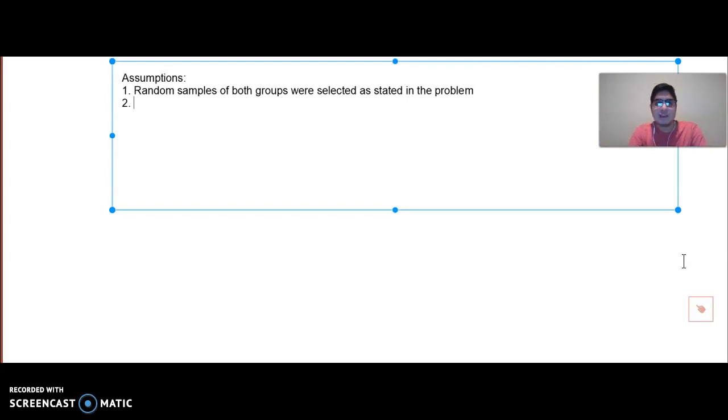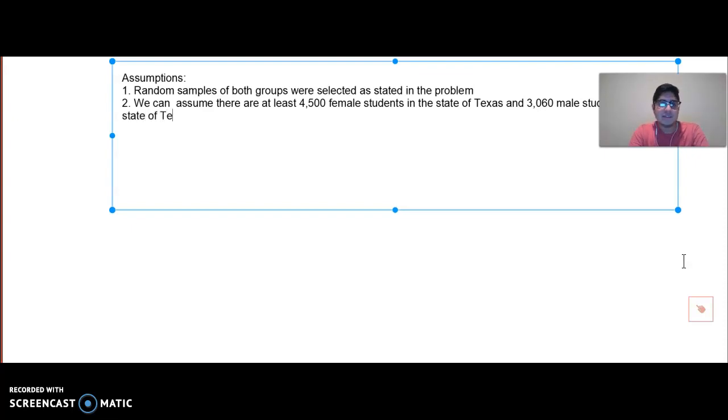So we are going to say we can assume there are at least 4,500 female students in the state of Texas and at least 3,060 male students in the state of Texas. Or you can say we can assume there are at least 4,500 females and 3,060 males from the respective populations from which we are sampling. But there's our 10% condition.